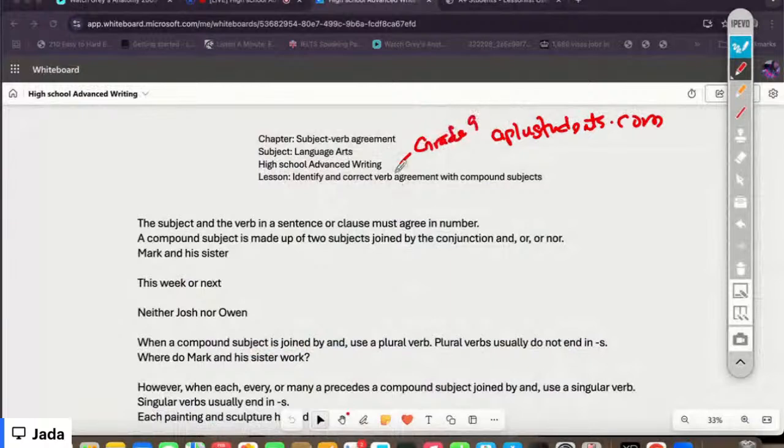We did the first two lessons on subject-verb agreement last time, and today we will finish up the last one, which is identify and correct verb agreements with compound subjects. So you log in using aplusstudent.com, click on your name, move on to grade 9, and then you select subject-verb agreement.